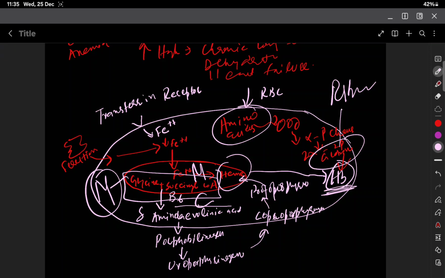And transferrin gives iron which will combine with the heme molecule. And the heme molecule consists of protoporphyrin and iron, and globin consists of 4 polypeptide chains, 2 alpha chains and 2 beta chains. So this is how the formation of hemoglobin occurs in our body.